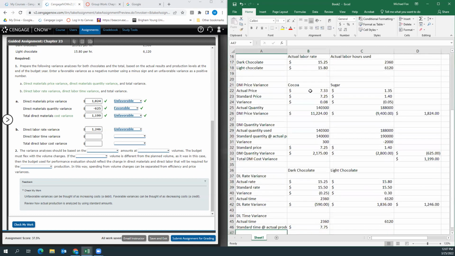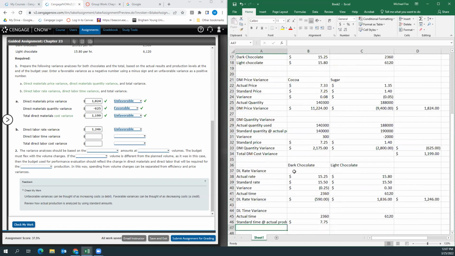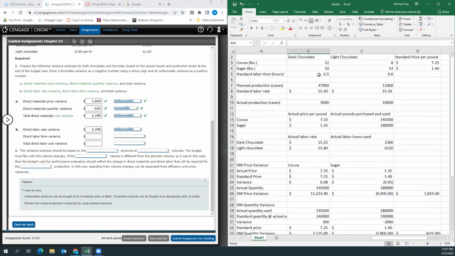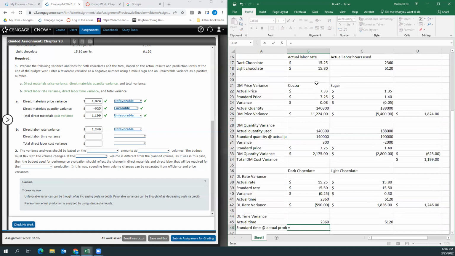So my standard, wait a minute, I think I'm messing this up, guys. Sorry, give me a moment to think here. Okay, so I got it figured out in my head. Sorry, it took me a minute.